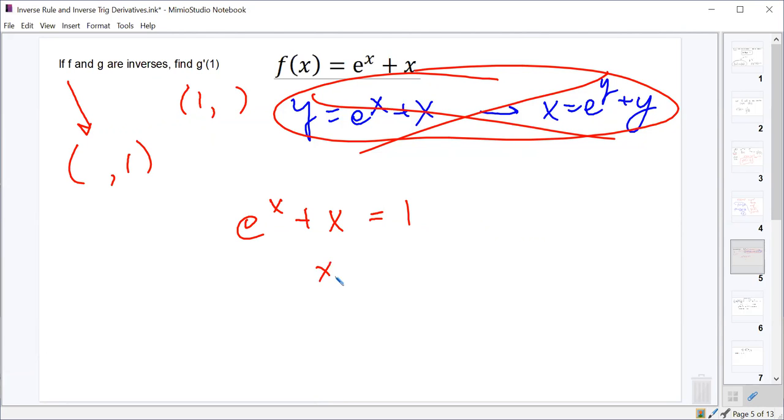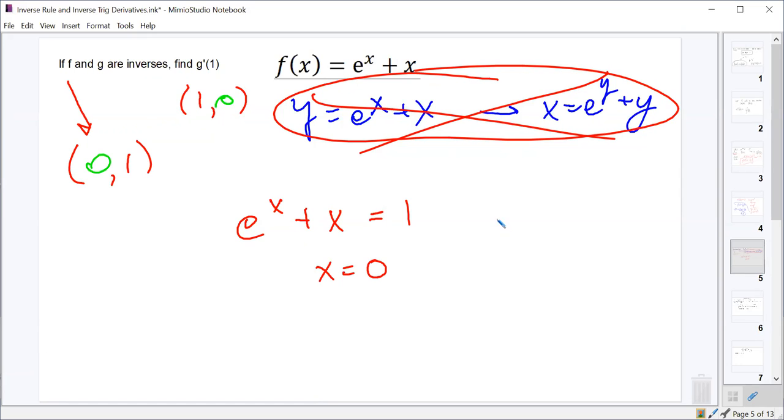So what x value will work for this? 0. X equals 0 will work. Exactly. So plug in 0. E to the 0 is 1, plus 0 is still 1. So we're really looking at the point 0 comma 1 on f and the point 1 comma 0 on g.